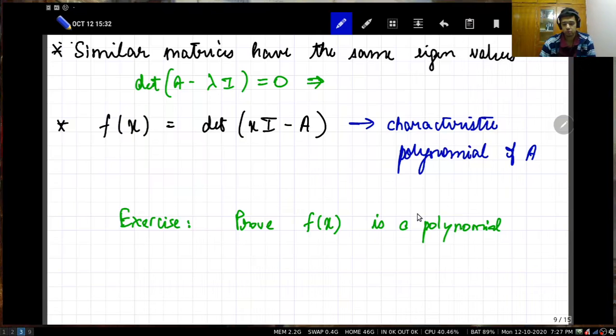So at least from high school you should know that the degree of the characteristic polynomial is n, since A is an n by n matrix. But I want you to prove that the degree of f of x is equal to n. And you can use any properties that you've seen in the last 2 lectures.